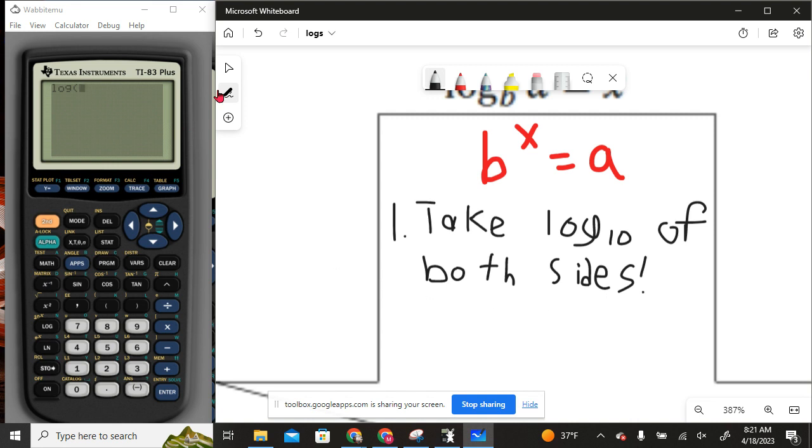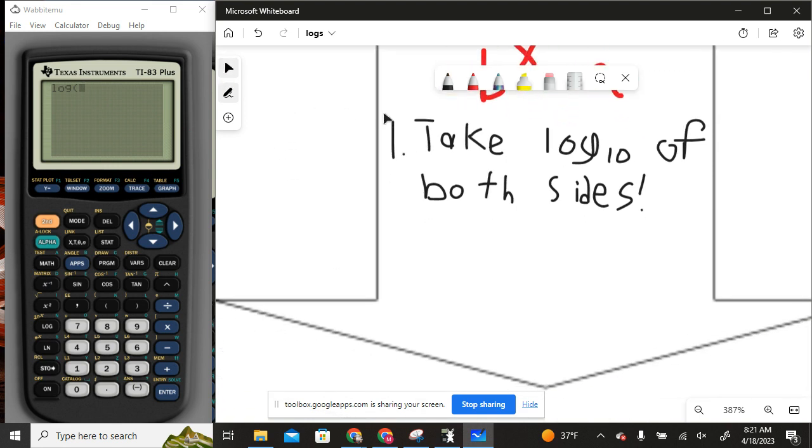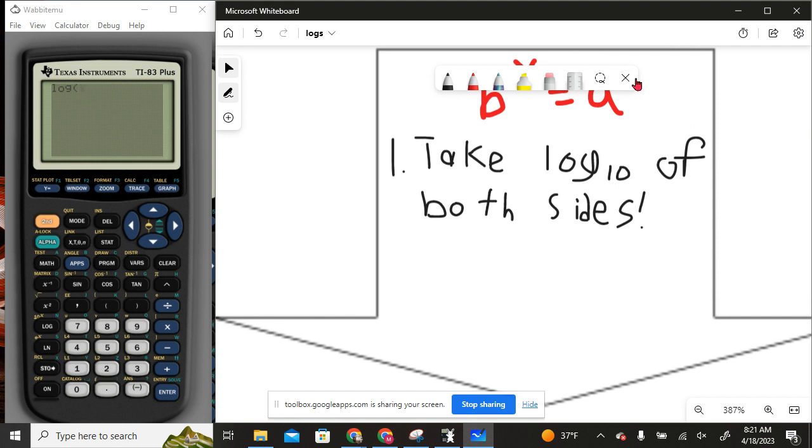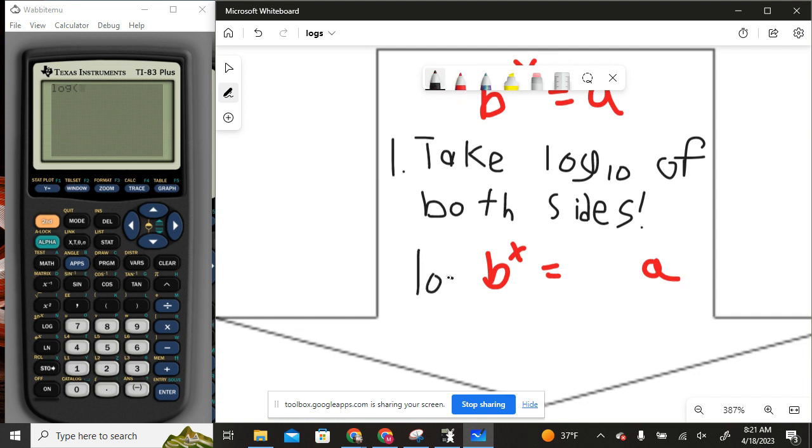So, what do I mean by take the log of base 10 of both sides? I legitimately mean that both sides here, b to the x, and on the other side, a, we are going to take the log function to base 10 of legitimately both sides.